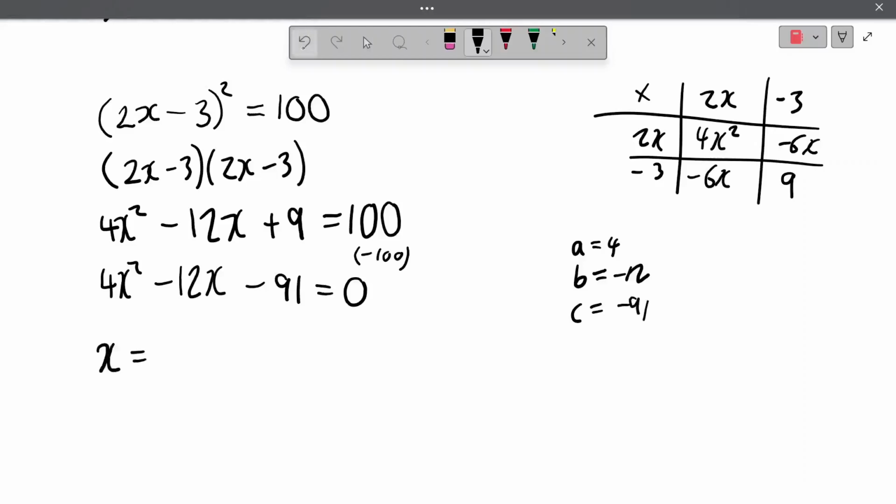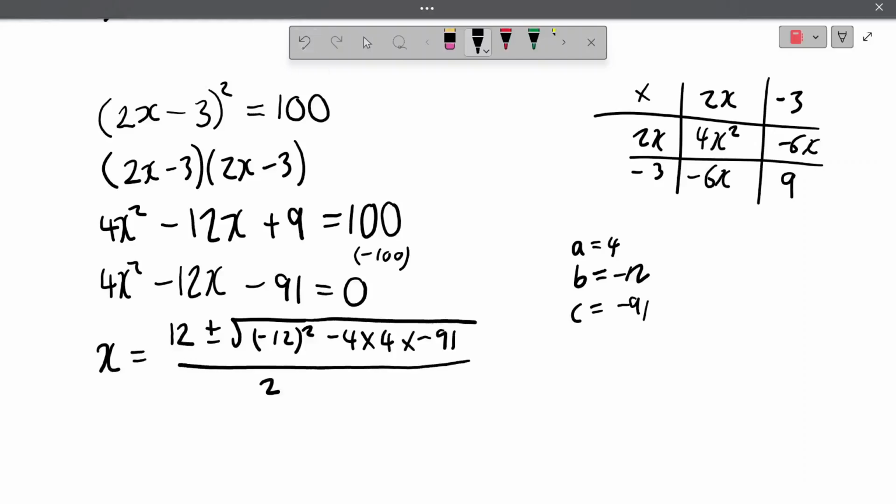So x equals minus b, so it's minus 12, or just normal 12, plus or minus the square root of b squared, which is minus 12, but in brackets squared, minus 4 times a, which is 4, times minus 91, all over 2 times 4. So we type that in a calculator and you get x equals 6.5 or x equals minus 3.5. So that's our two answers for that wonderful equation.